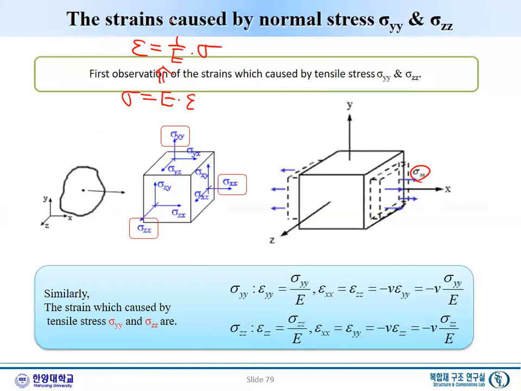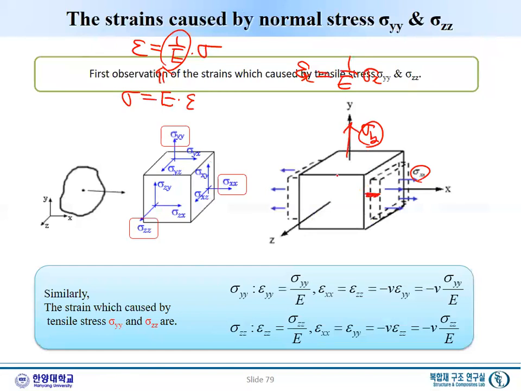To get the 3D version, we simply change this to the inverse, but a very important inverse. Epsilon equals sigma over E. So this is the same one, but it gives the strain given stress. Now here, let's consider epsilon x: sigma x times 1 over E, because this is an extension, right? Now there's another term by sigma y. Sigma y, what will happen here? It will shrink.